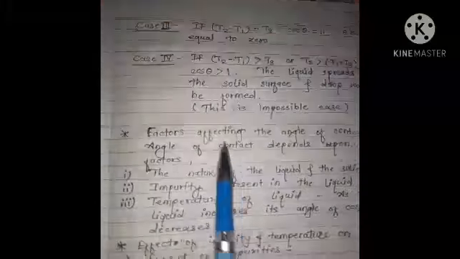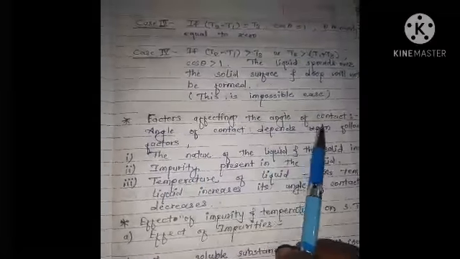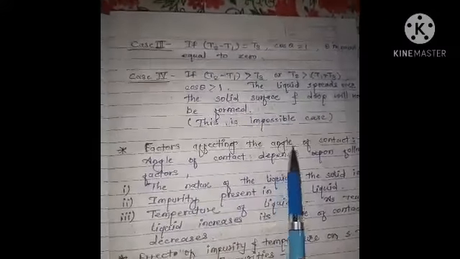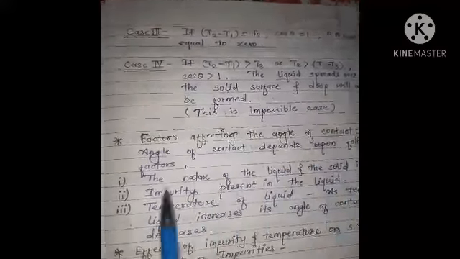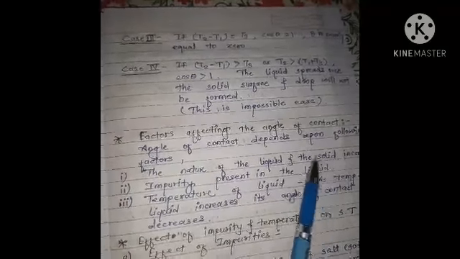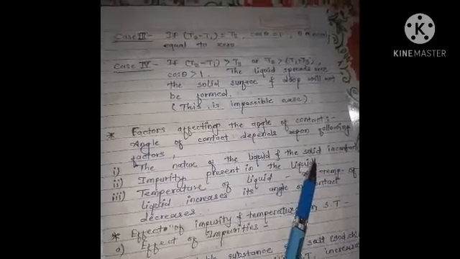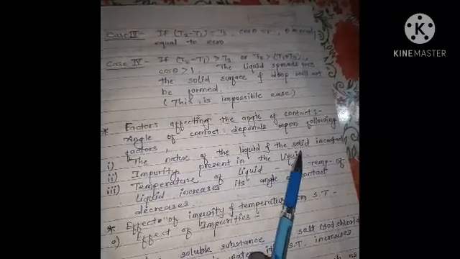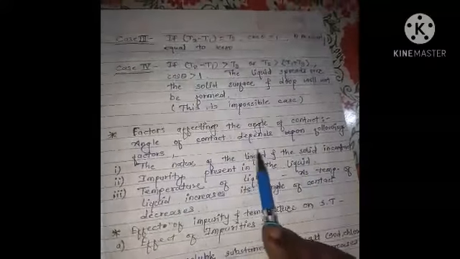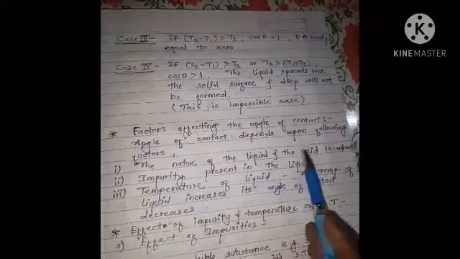Now we will discuss factors affecting the angle of contact. Which factors affect the angle of contact? First is the nature of the liquid-solid pair, or the interfaces which are in contact. Liquid-solid means, for example, water-glass, kerosene-glass, mercury-glass.